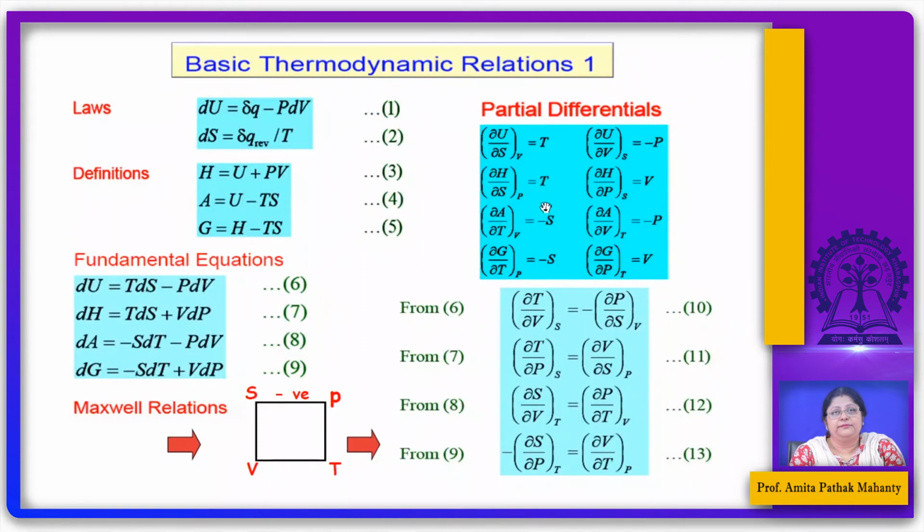So the partial differentials which you have, what do they signify? Suppose I read this. Del G by del T, this is coming from this equation, right?